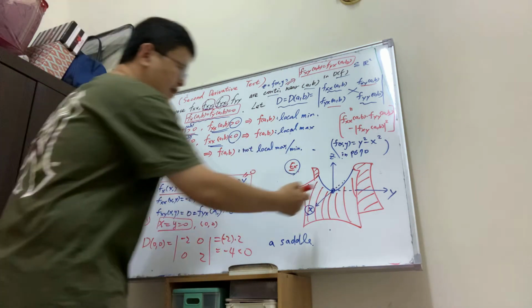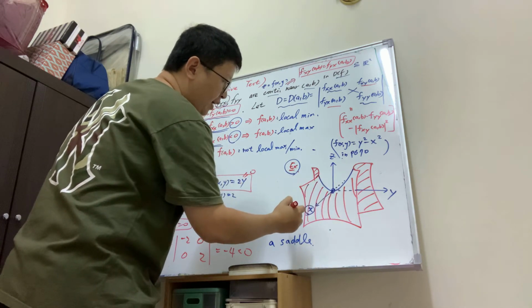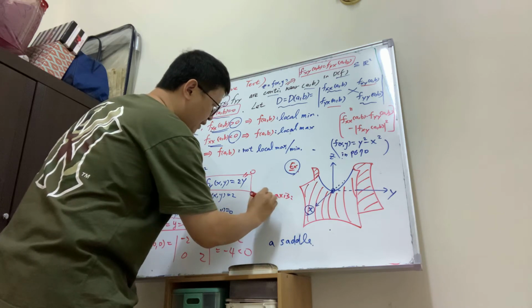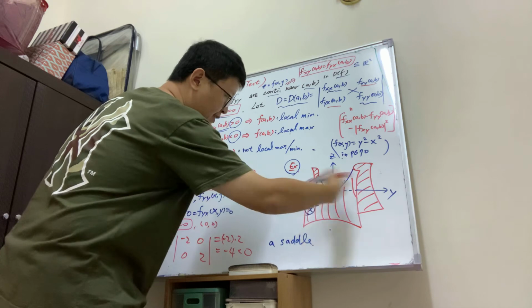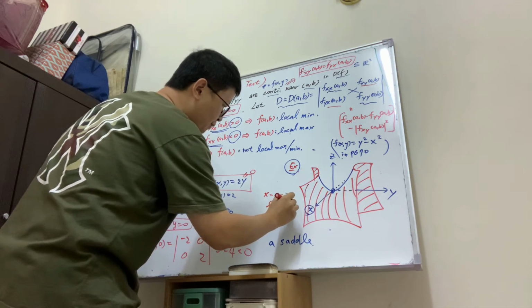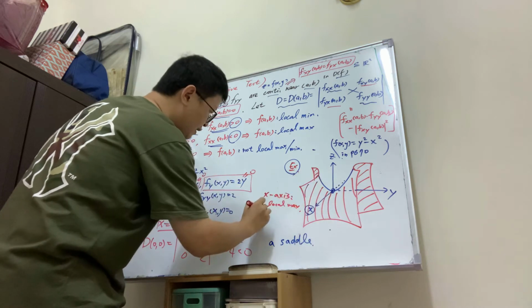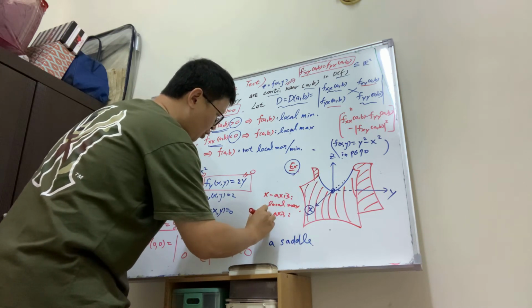As we say, in the direction of the x-axis, it's a local maximum. I mean, just in the direction of the x-axis, it's a local maximum. But if we consider the direction of the y-axis, it's a local minimum.